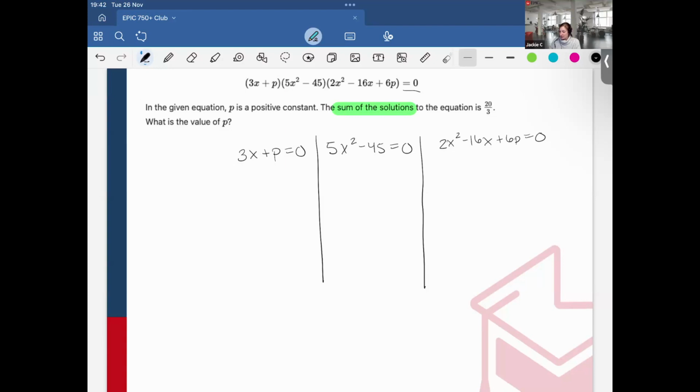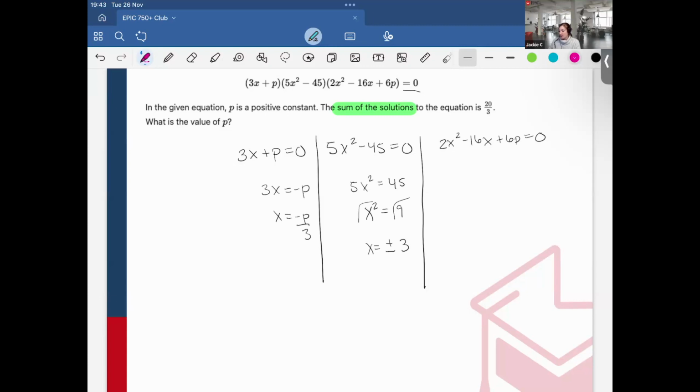Now let's solve each one in terms of x. 3x equals negative p, so x is equal to negative p over 3. Here, 5x squared is equal to 45. Divide each side by 5, this would just be 9, and taking the square root, x is equal to both positive and negative 3.